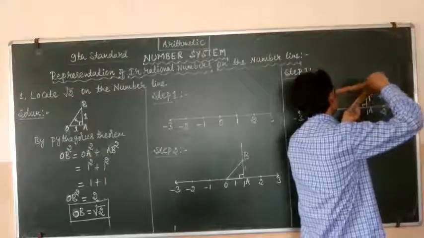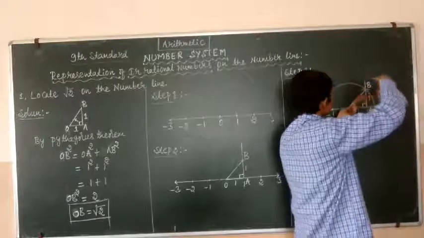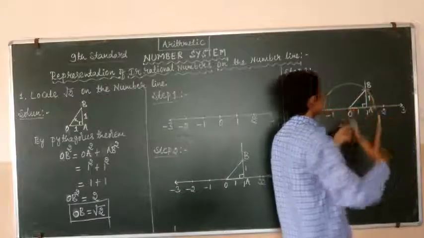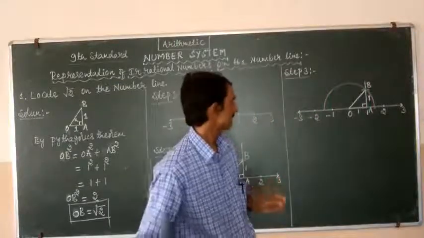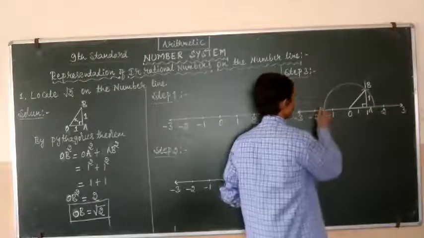Draw the semicircle. If you draw the semicircle, it intersects the number line in two different points.